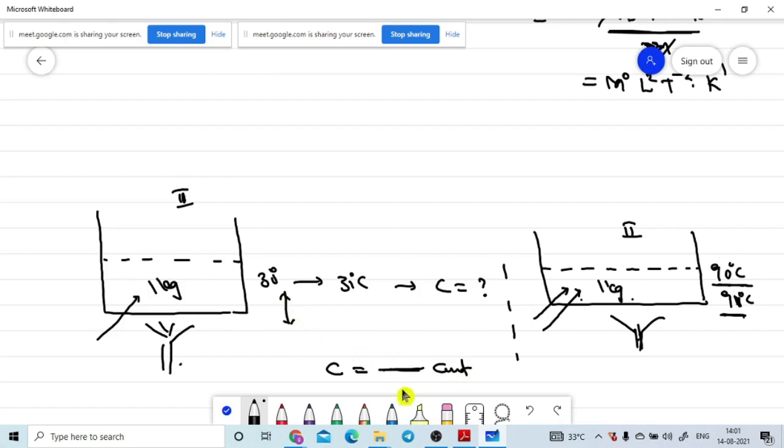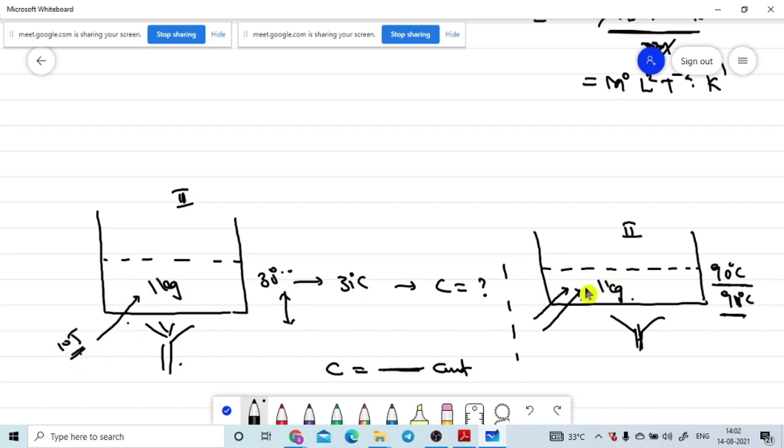But you need to remember this for your interview purpose only, not while solving your mathematical problems or when you are appearing for your normal test. You need to use this idea, but you need to feel this. Here the temperature is 30 degrees Celsius. To raise it to 31 degrees Celsius, 10 joule of energy is enough.